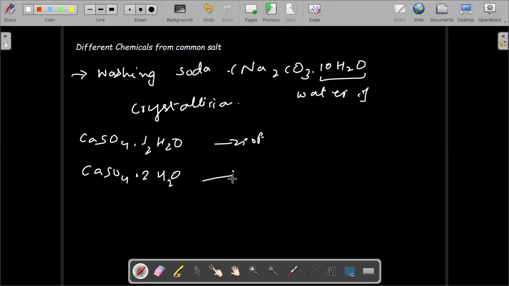So when this is heated up, CaSO4 dot 2H2O is obtained with the water of crystallization over here. So understood this all of them? Alright. So CaSO4 dot 2H2O, on heating, gets converted to CaSO4.